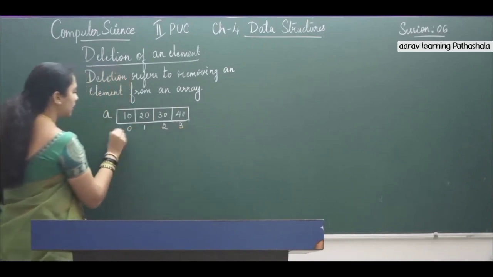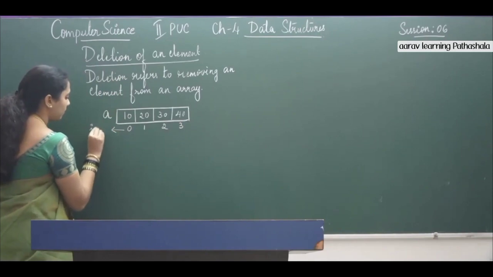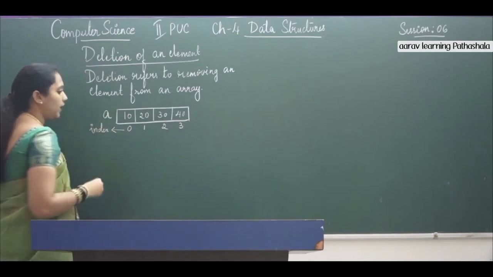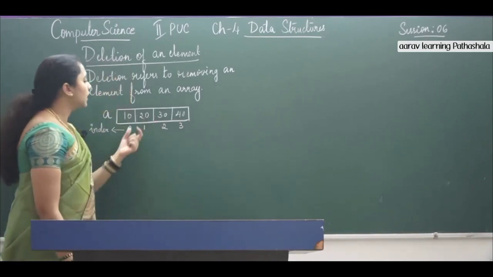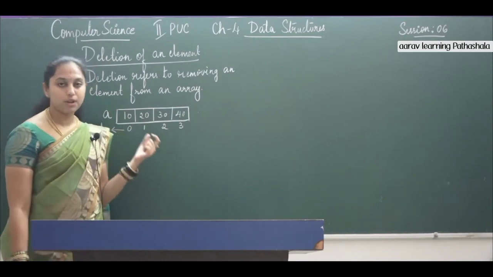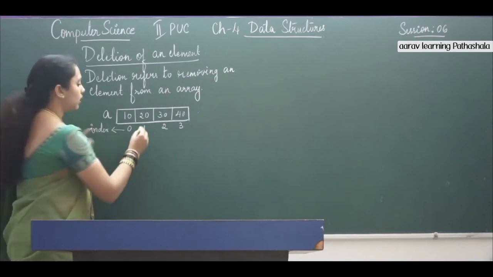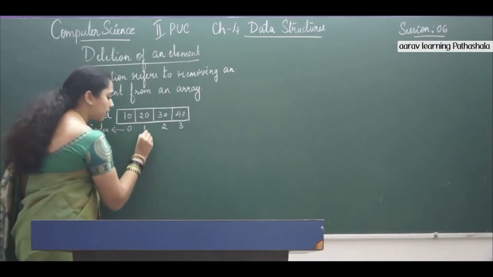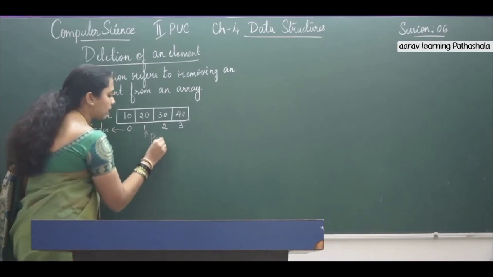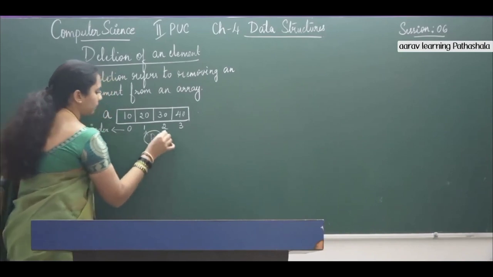So these are all the indexes of an array. I want to remove an element from the position 1.